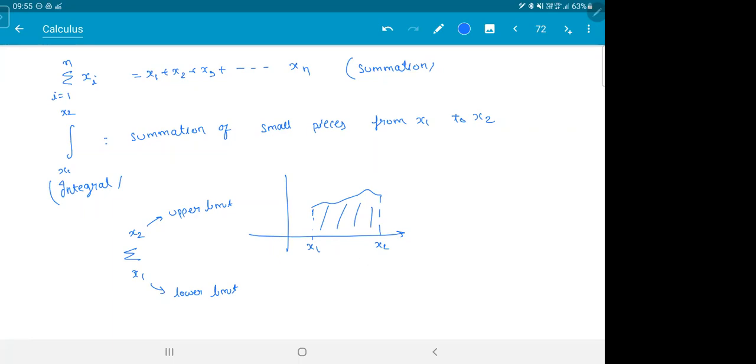The limits tell you you are finding the area between x1 and x2. Same thing in this integral symbol also. x2 is the upper limit and x1 is the lower limit. The meaning is the same. The only thing is you're adding small things. This much you should understand, what you're trying to do. So whenever you see an integral, what you're doing is simply adding small stuff.